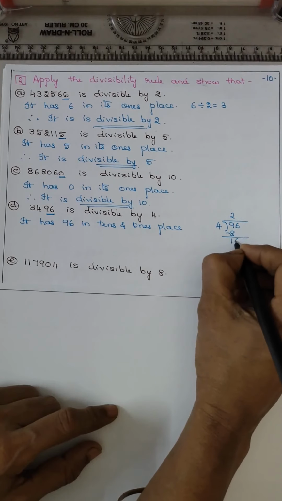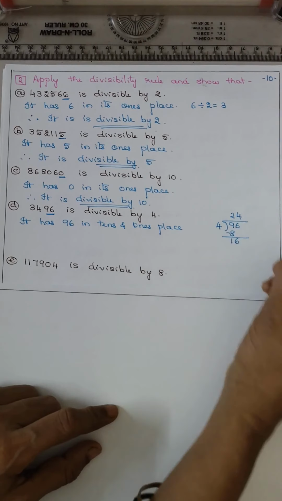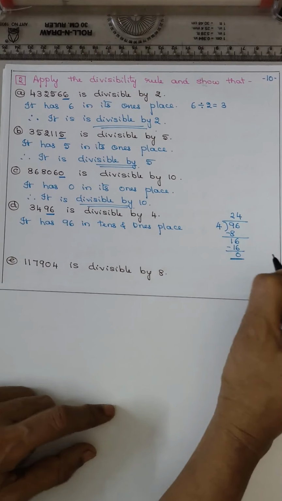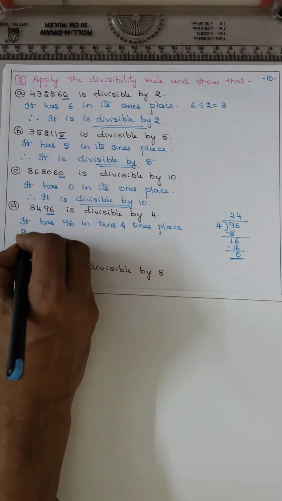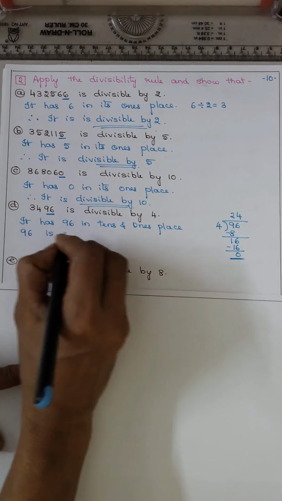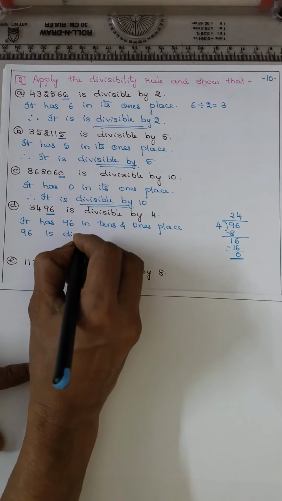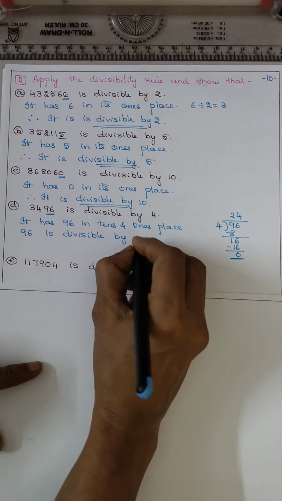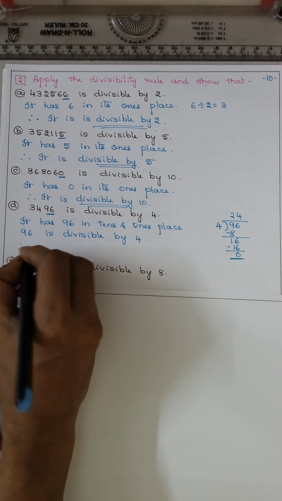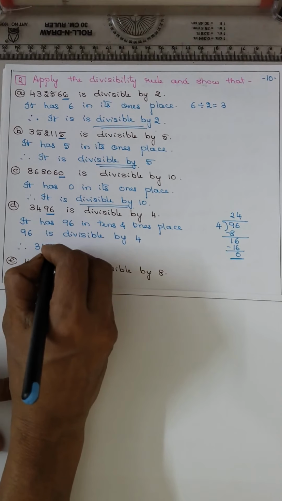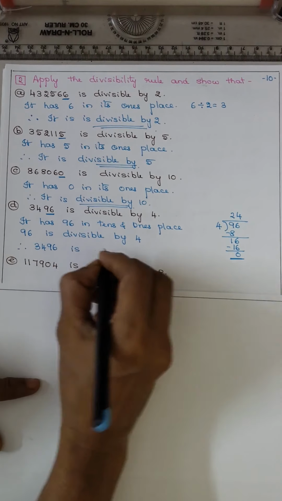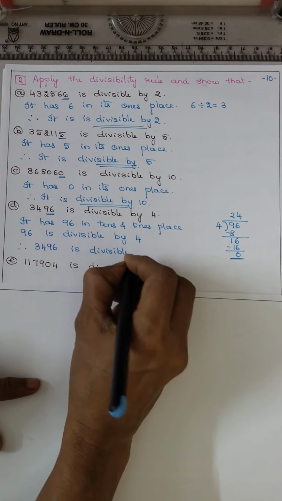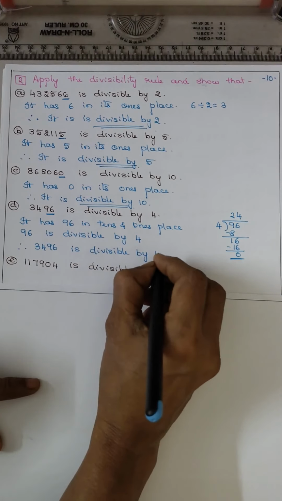Bring 6 down. 4 fours are 16. You got 0. So 96 is divisible by 4. Therefore, 3496 is divisible by 4.